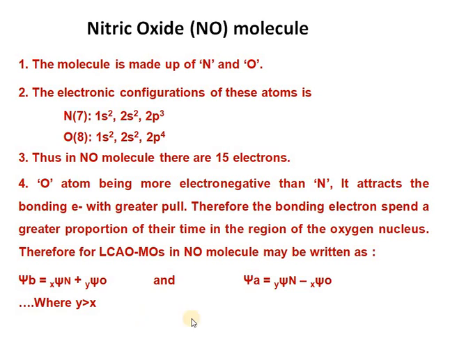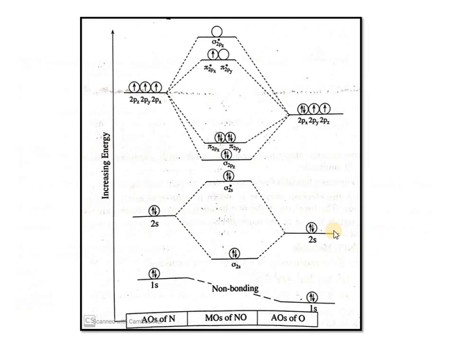In this combination, y is greater than x. The bonding molecular orbitals resemble the atomic orbitals of oxygen more than those of nitrogen, and the antibonding orbitals resemble the atomic orbitals of nitrogen more than oxygen.